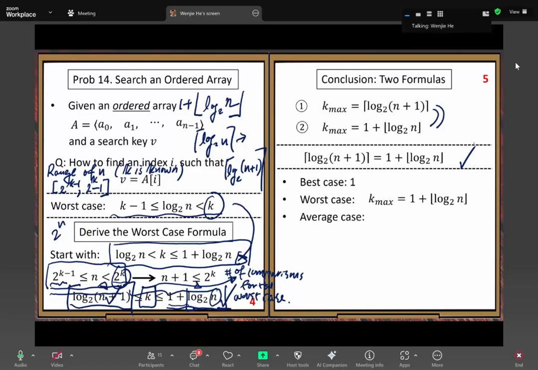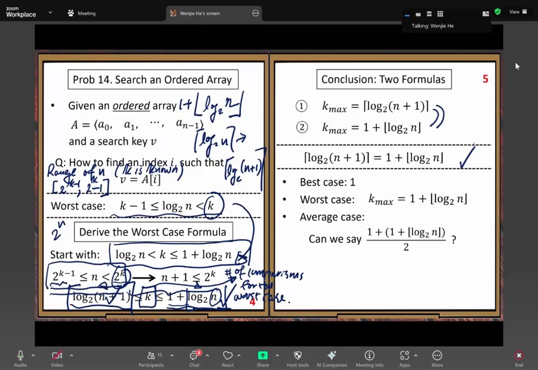If we want to calculate the average case, sometimes people may like to use the basic understanding of the average case formula, just taking the average directly, 1 plus that worst case expression, then divided by 2.